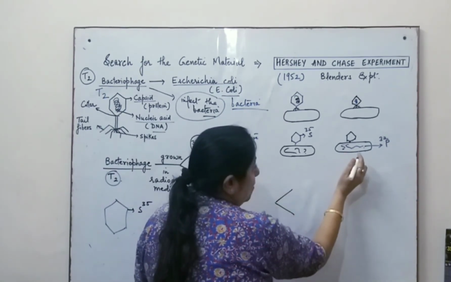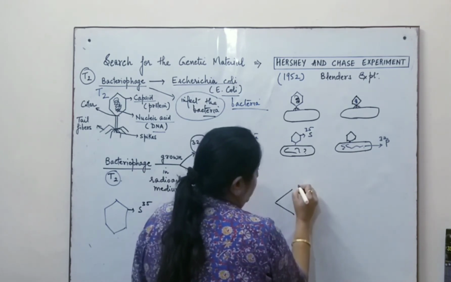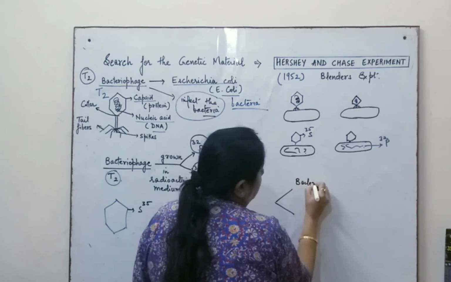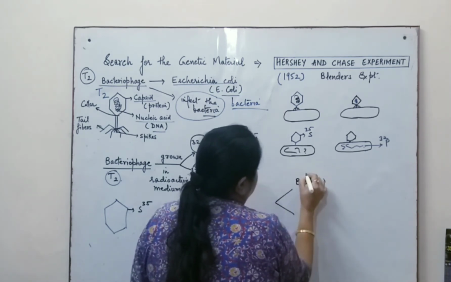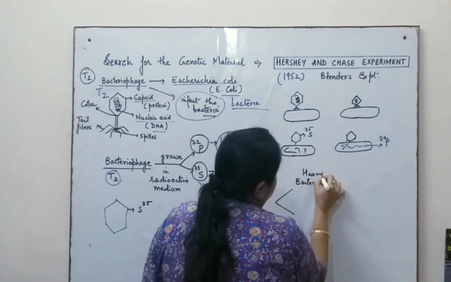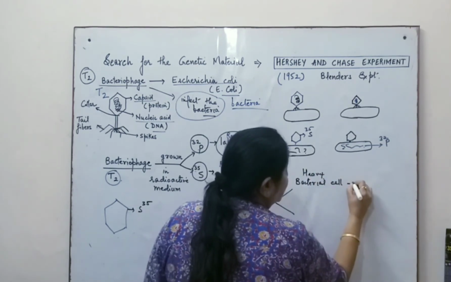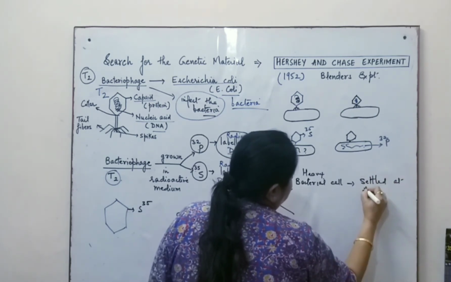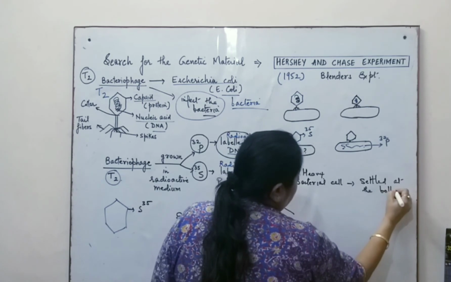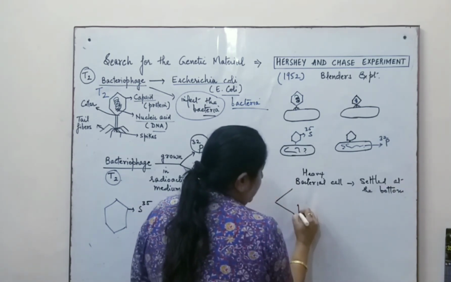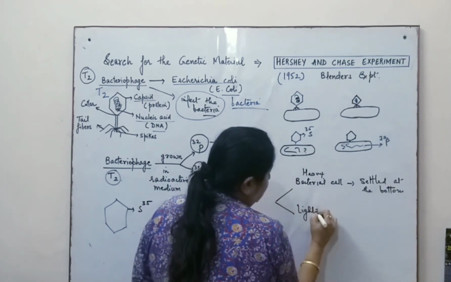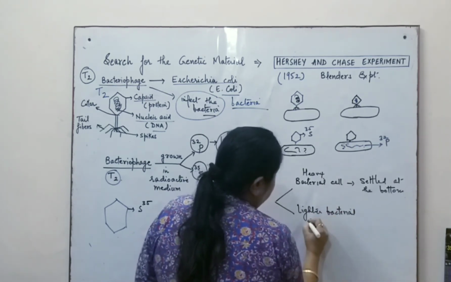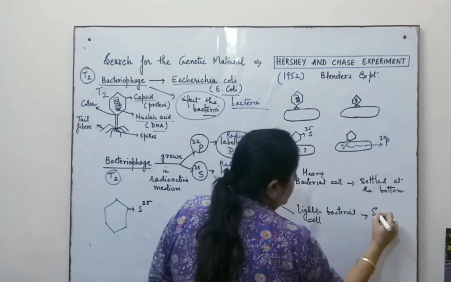The denser particles, that is the heavy bacterial cells, settled at the bottom, whereas the lighter part formed the supernatant.